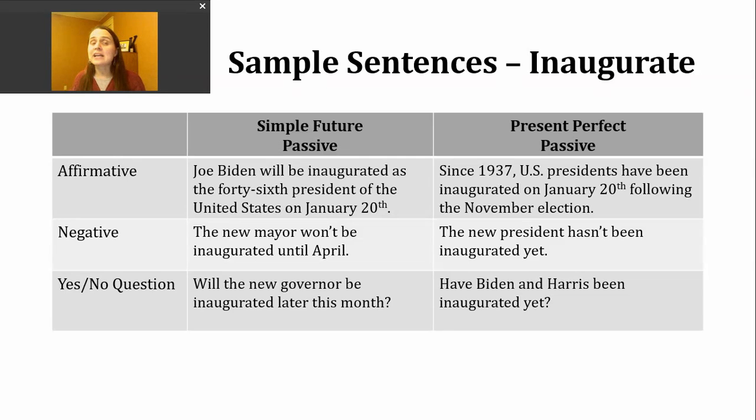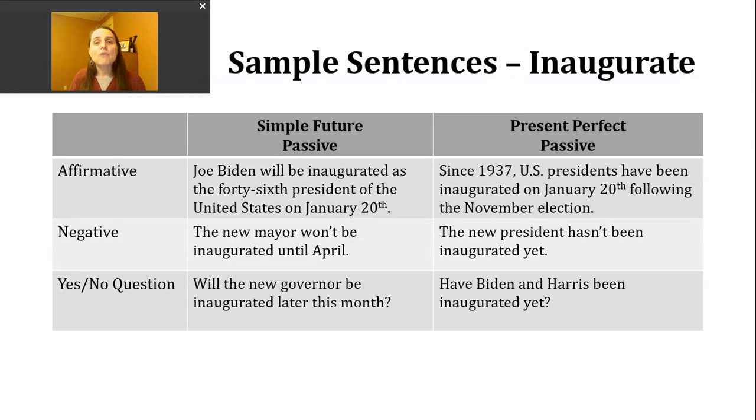Finally, if you want to make a yes or no question in the passive voice about a future event, start with will. Then you're going to have the object, the person, in this case, or thing, receiving the action. And again, you'll see be and then the participle form of the verb. Will the new governor be inaugurated later this month?